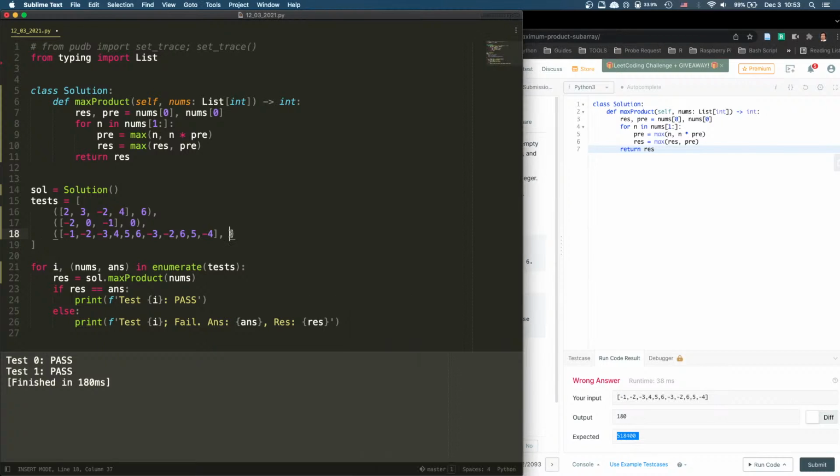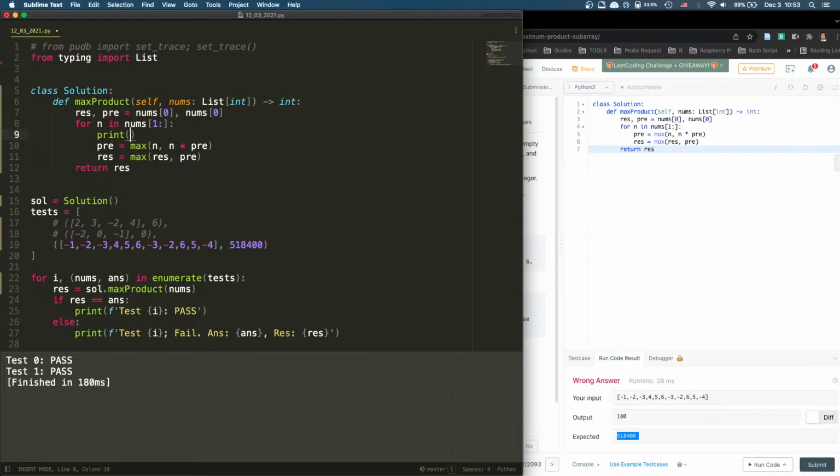Because as we go, right, we can actually go through this. We're going to print each pre so you can kind of see. So we're going to print n and pre, right? Minus 2, pre is minus 1, so I will get 2. And this one's a minus.